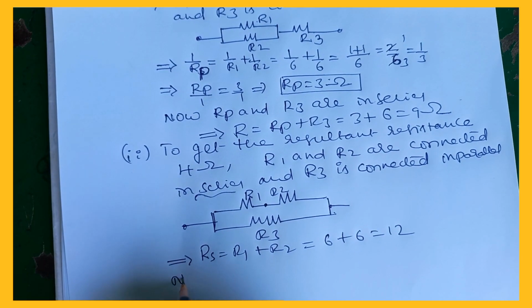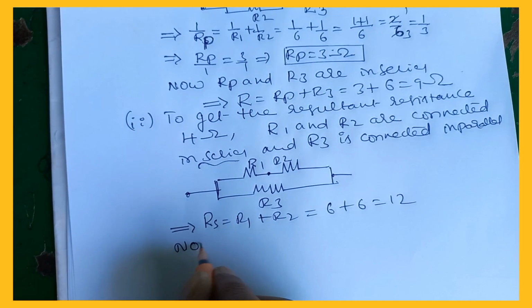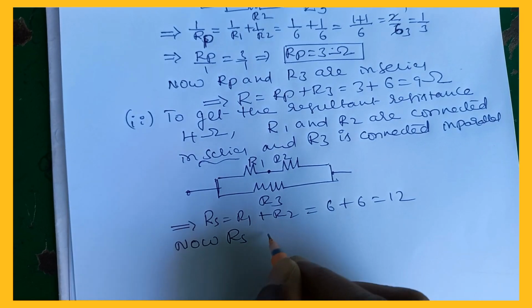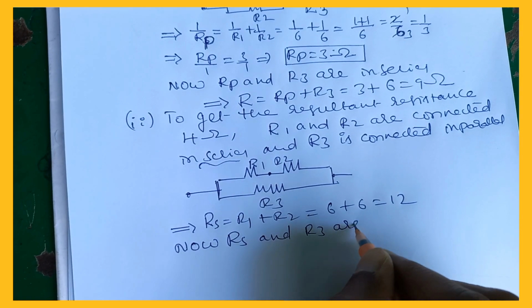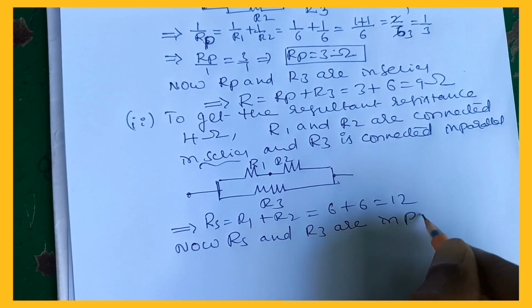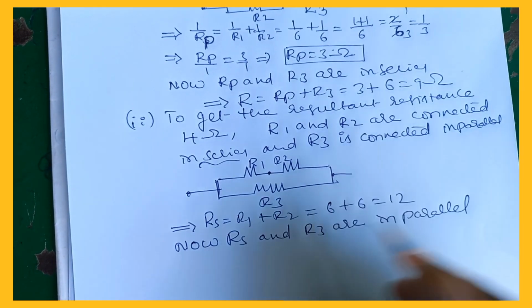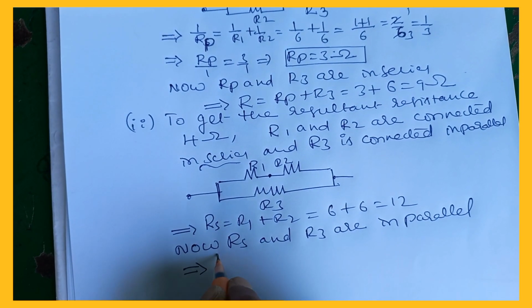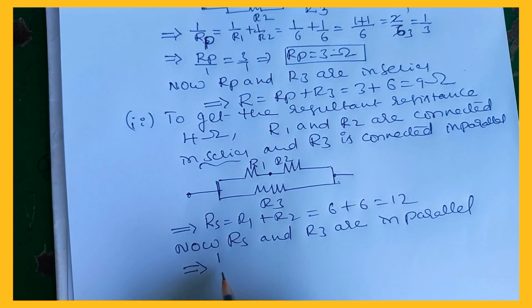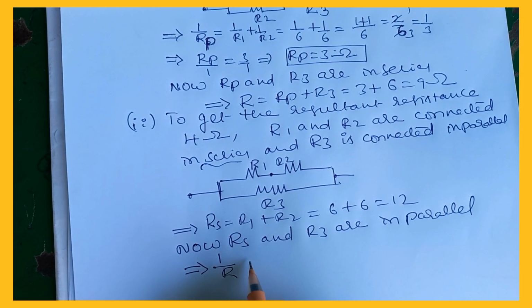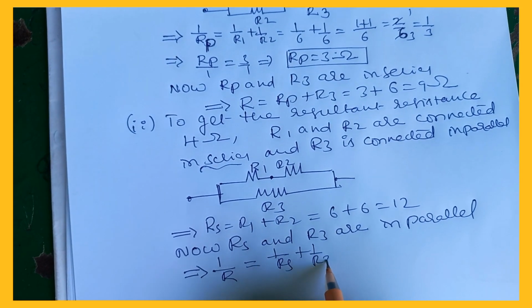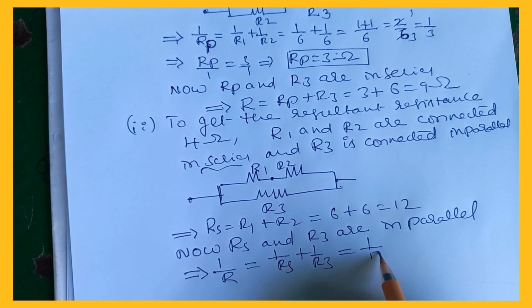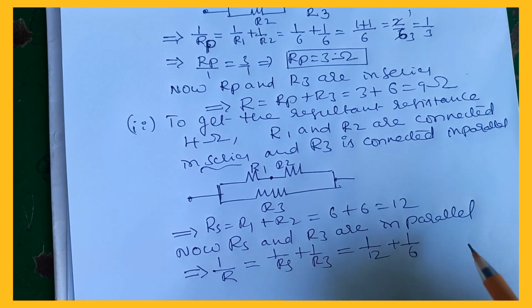Now Rs and R3 are in parallel. So 1 by R is equal to 1 by Rs plus 1 by R3, 1 by 12 plus 1 by 6.